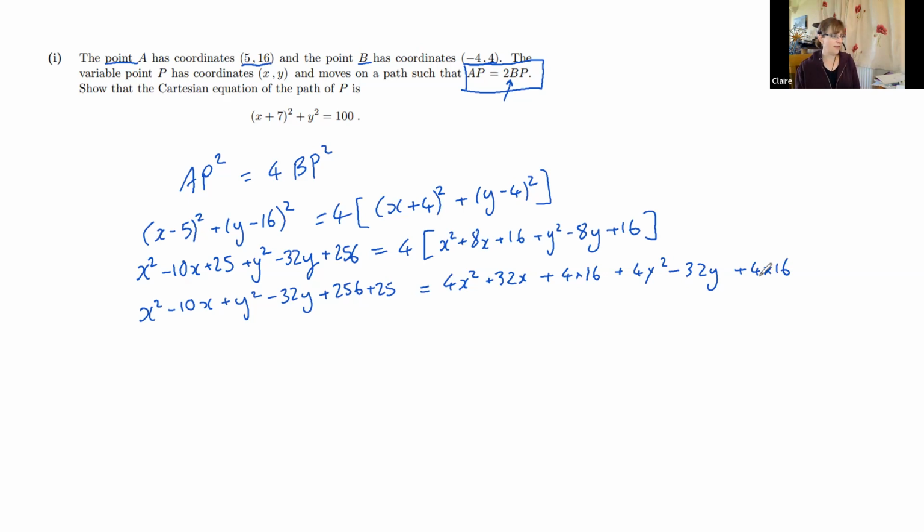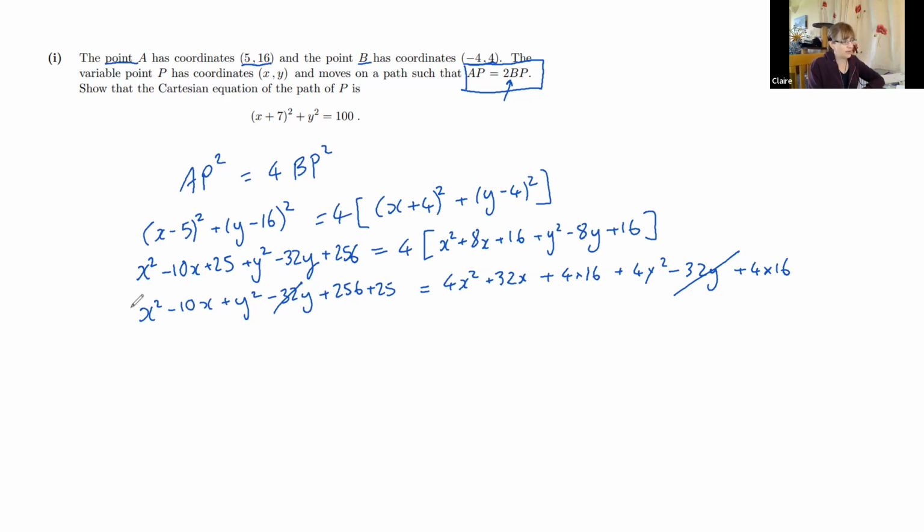Okay, there's a reason why I've left it like that. We've got a minus 32y on both sides, so those can cancel out. And another thing to notice is that 16 squared is the same as 256.